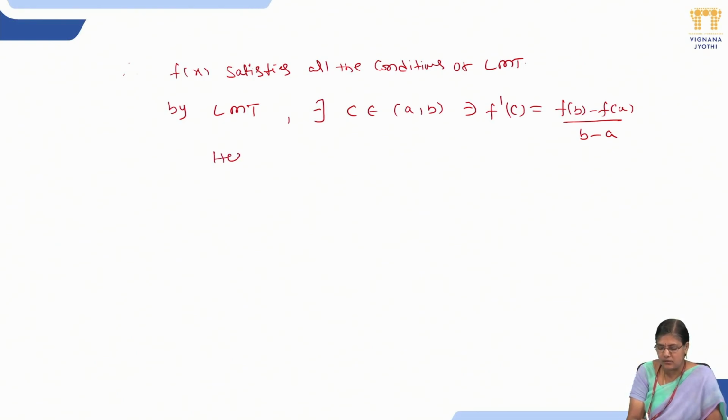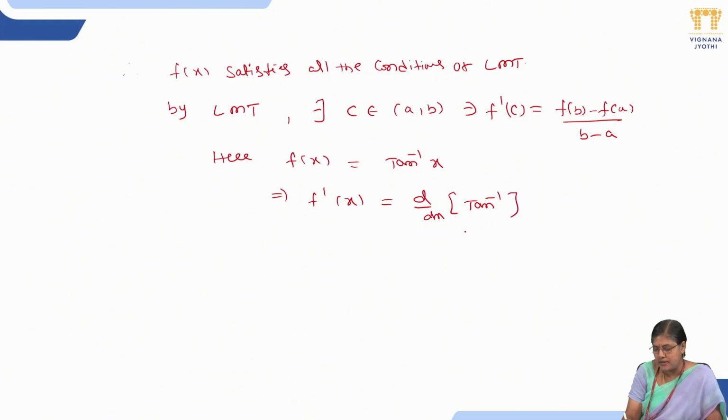Here, f of x is equal to tan inverse x. That implies f dash x is equal to d by dx of tan inverse x, which is equal to 1 by 1 plus x square.